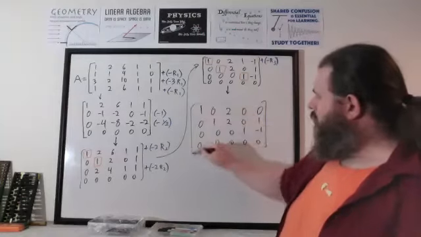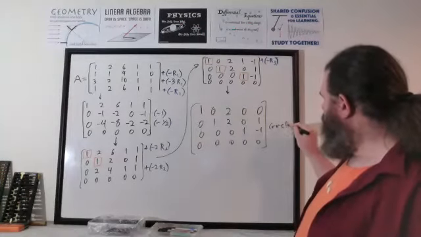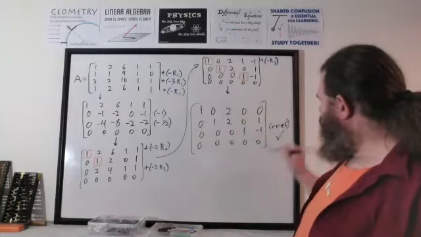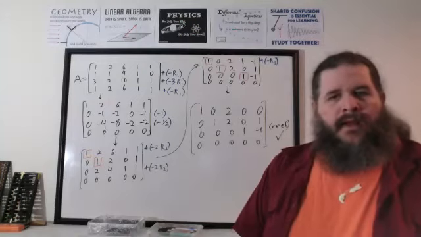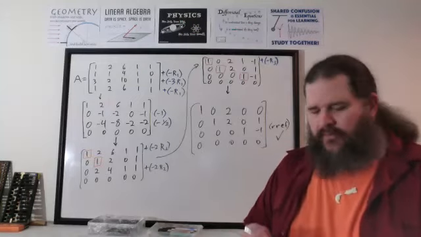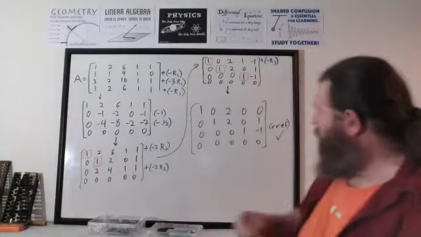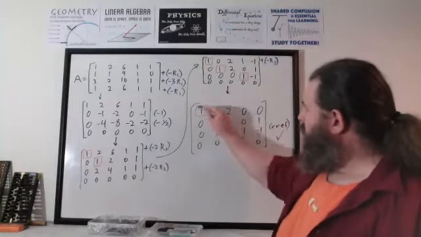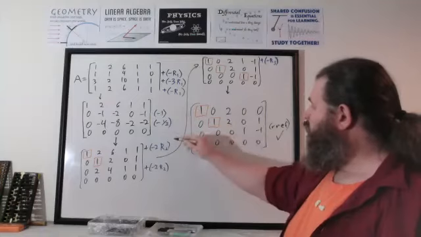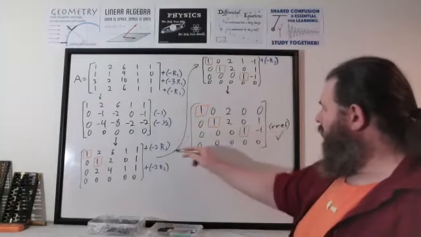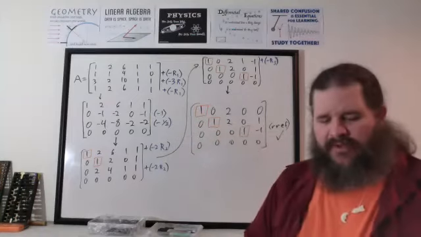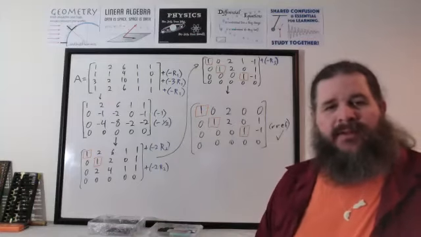So this is now reduced row echelon form. And we can now use this to get some very useful information. First of all, just identifying the pivots, first non-zero in each row as you read from left to right. And then the fourth row is all zeros, so it has no pivot. This matrix has 3 pivots.